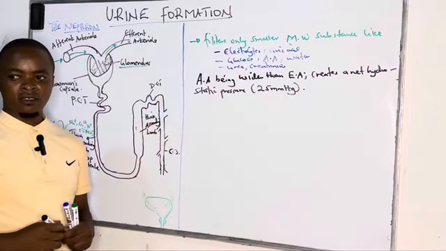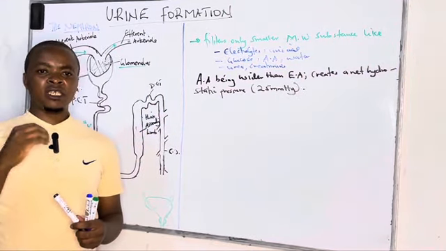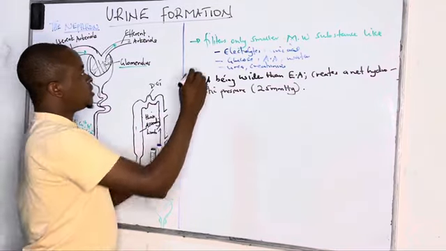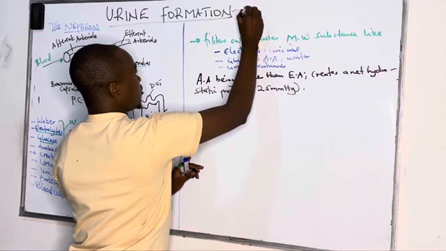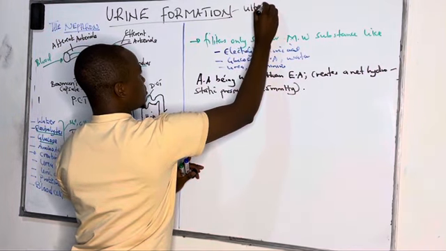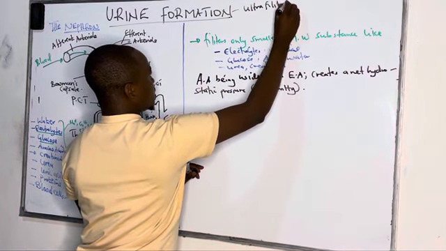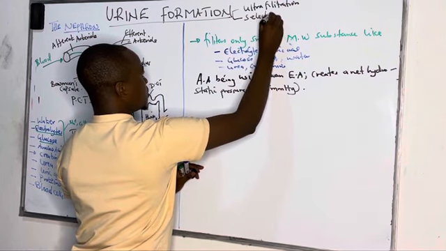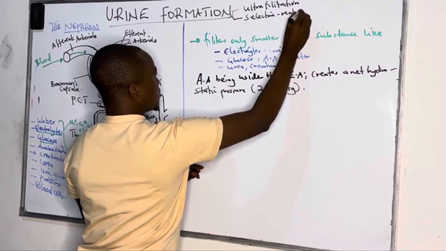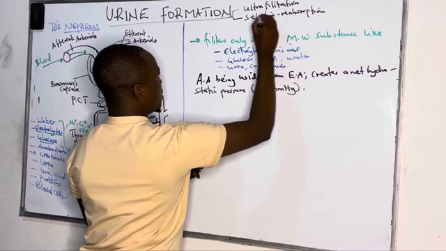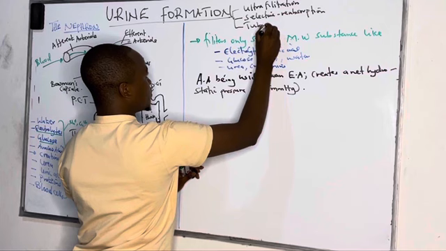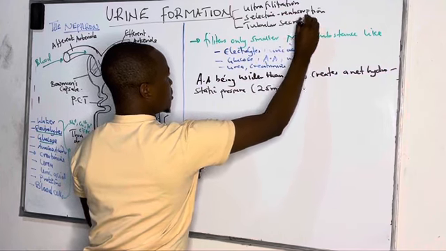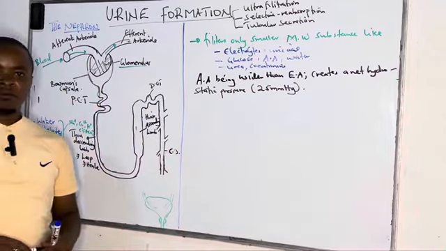But before I go ahead, this urine formation is categorized into three stages: ultrafiltration, then selective reabsorption, and tubular secretion. So these are the three steps involved in urine formation.